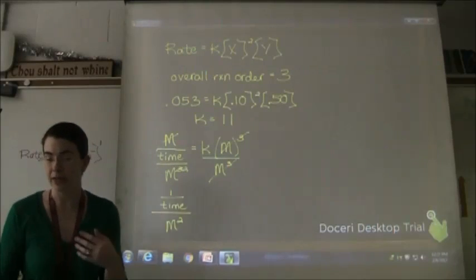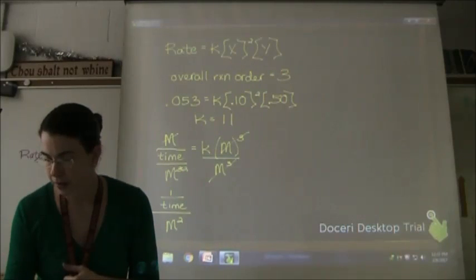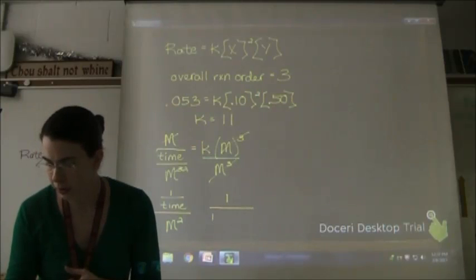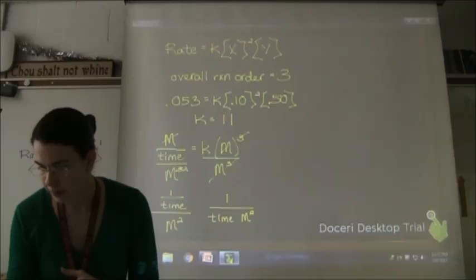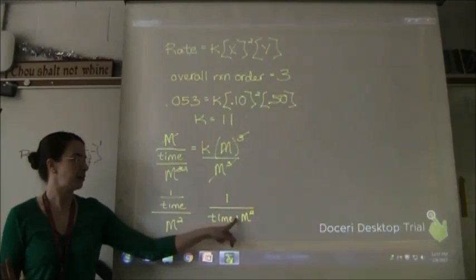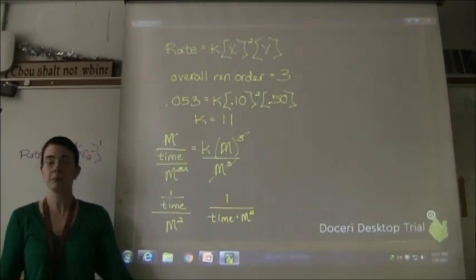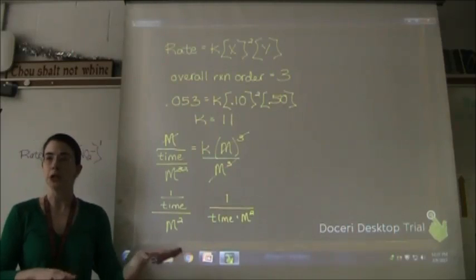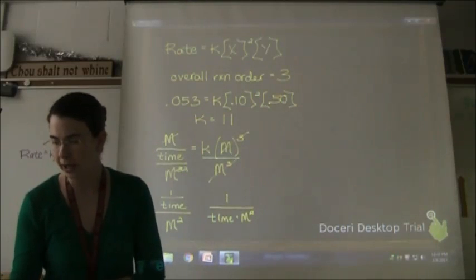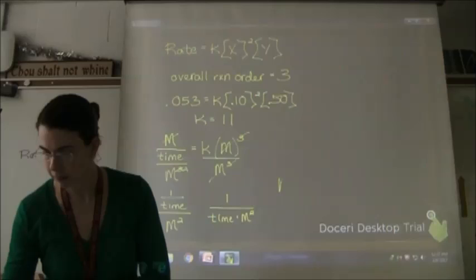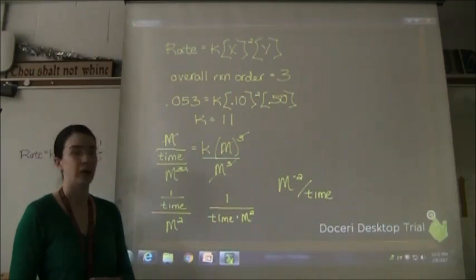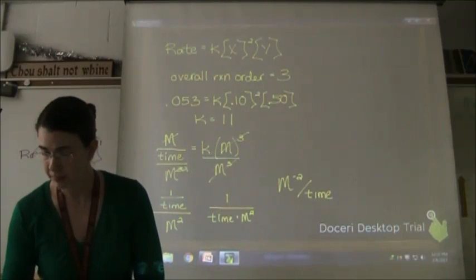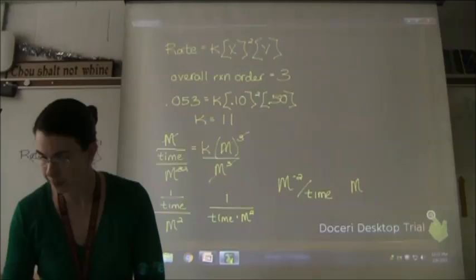Okay, maybe I write the units like this. 1 over time times molarity squared. That's fine. If you want to make it look a little cleaner, maybe you write it like this. Or if you want to be really slick, maybe you write it like this.